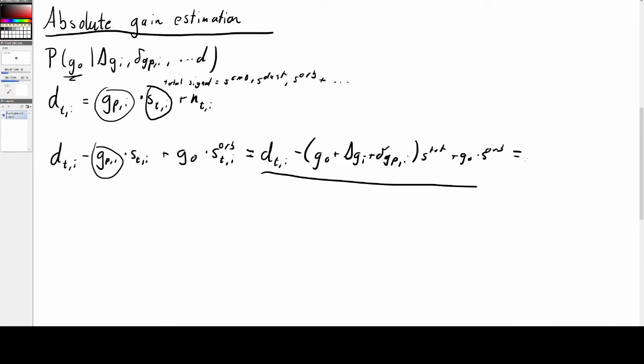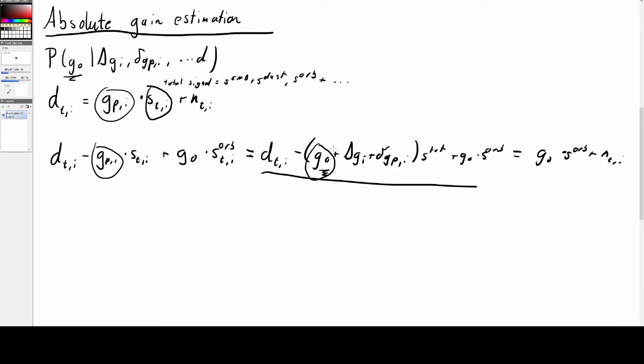So what is left on the right-hand side is then just G naught times S_orb plus the noise. But as you can see, in our left-hand side we already also have this G naught term. So this is not only sneaky, it seems almost a bit wrong.